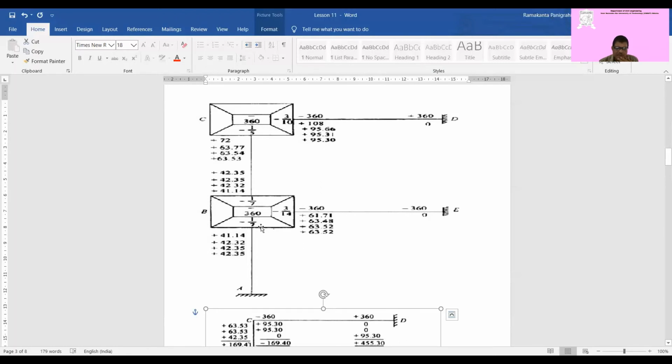You have to multiply minus 1 by 7 into minus 360, and minus 1 by 7 into 3 by 360, and then the contributions will come from either side, the near end and the far end contributions. Here the far ends are E and C. Here the far ends are D and B.